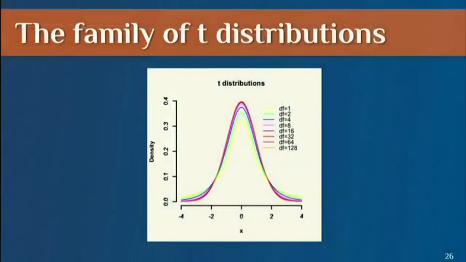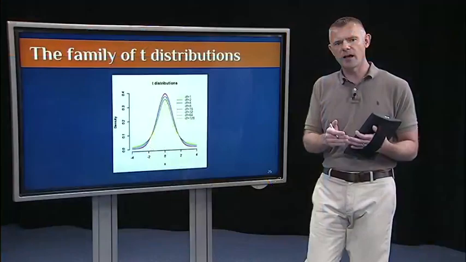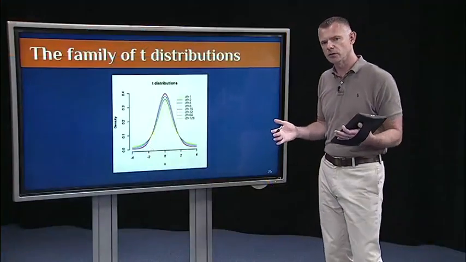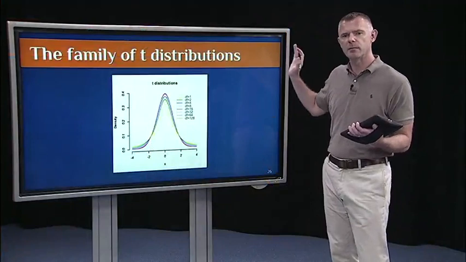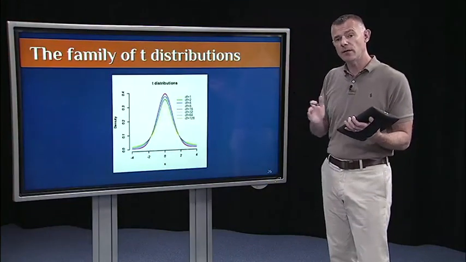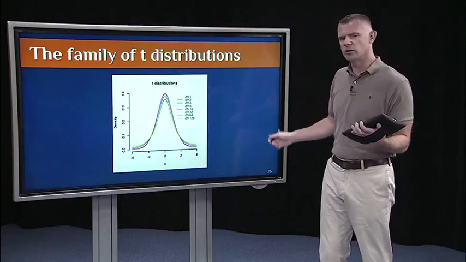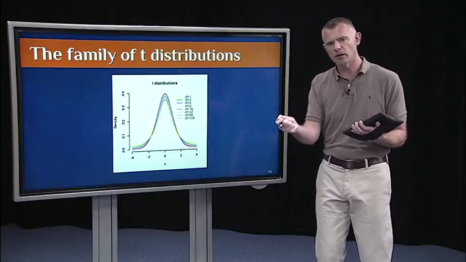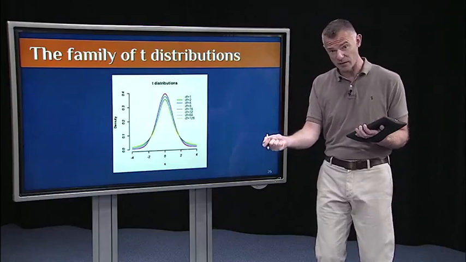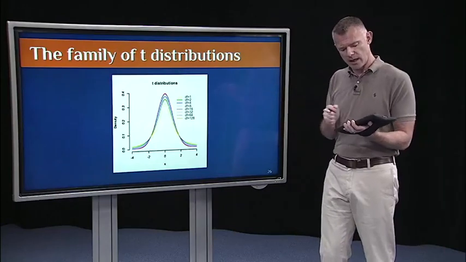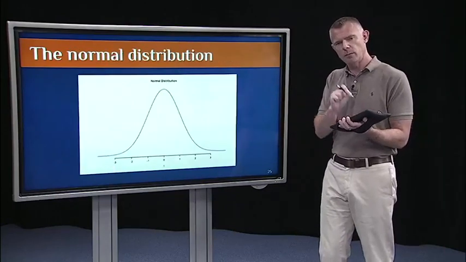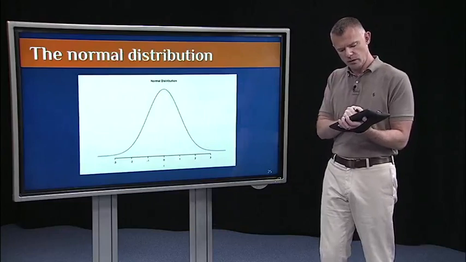What you get instead is called a t-distribution. And there's actually what statisticians refer to as a family of t-distributions, depending on sample size. If you have a really large sample, then the t-distribution that you use for your probability judgments to obtain your p-values will look much like the perfect normal distribution.